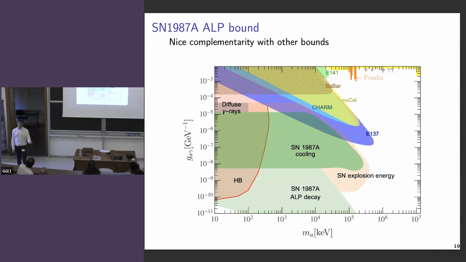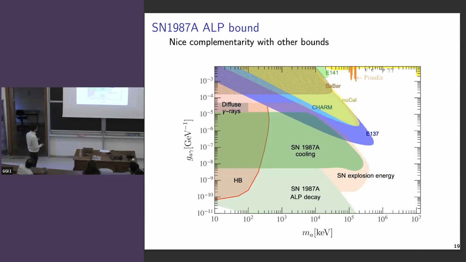If you have axions which are produced inside the supernova and then decay inside the mantle, they will deposit energy there. But you have to require that this energy must not be larger than 10^50 erg, which is the lowest supernova explosion energy which has ever been measured. So in this way, we can exclude the pink region shown in this plot.